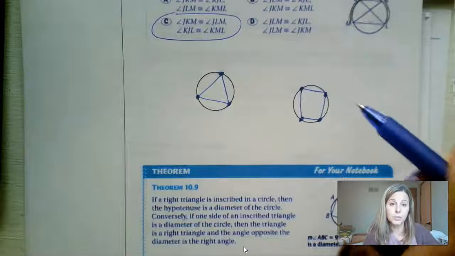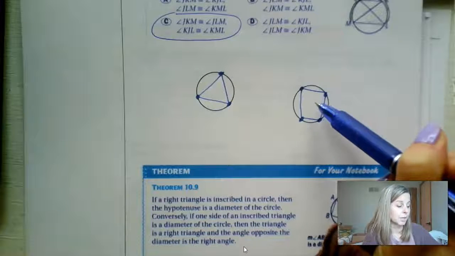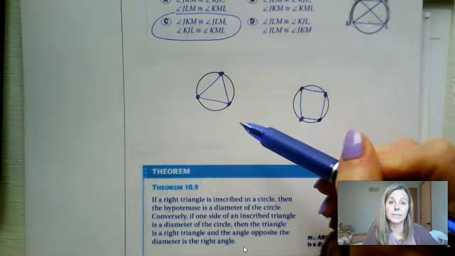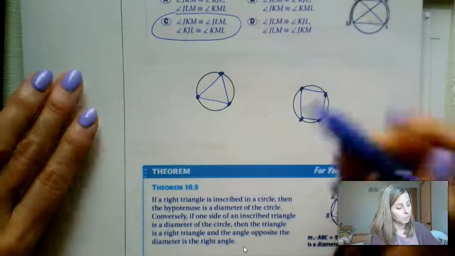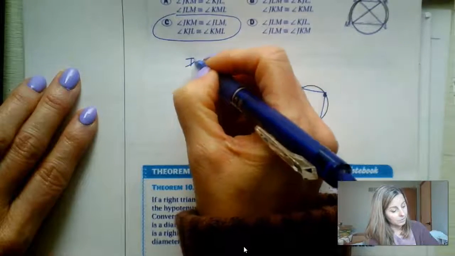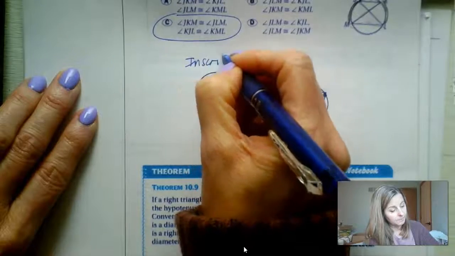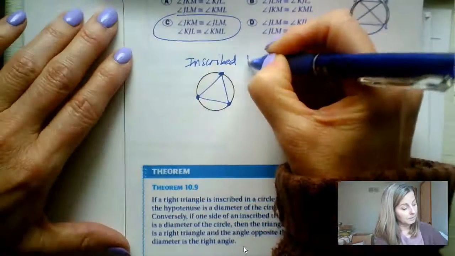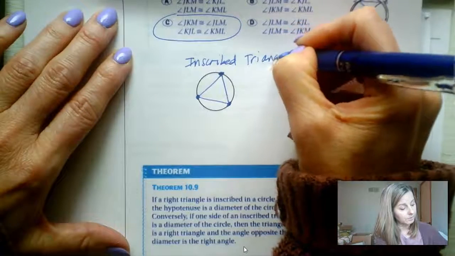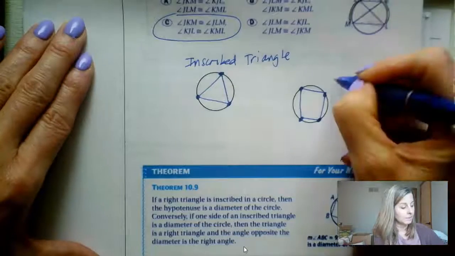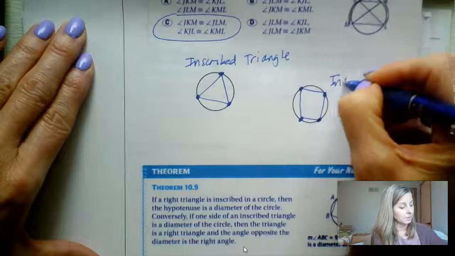Since we drew a shape in a circle, they're called inscribed. So this is an inscribed triangle. And this is an inscribed quadrilateral.